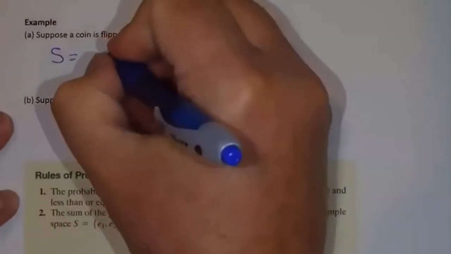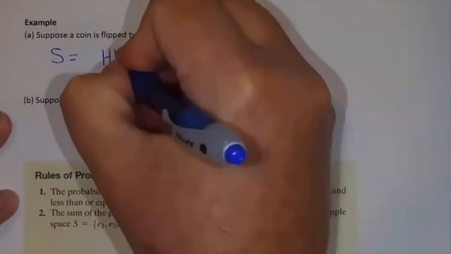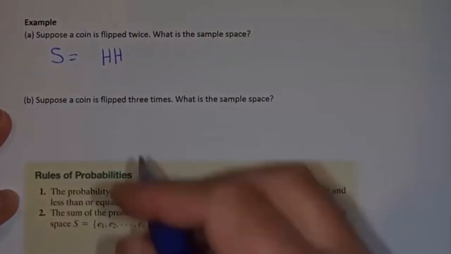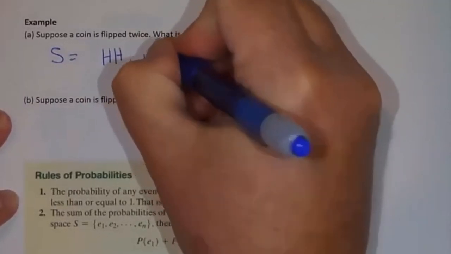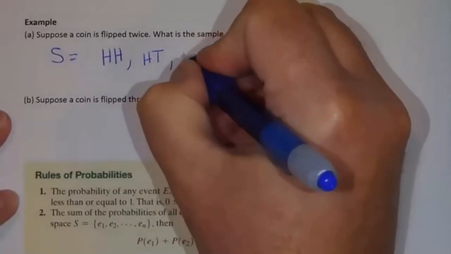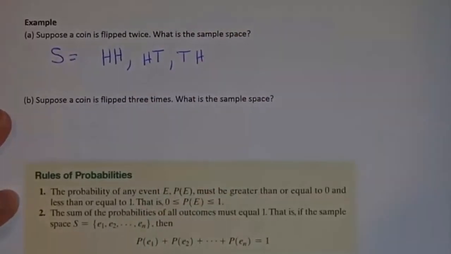Well, I could possibly get heads on the first flip, and then I could get heads again on the second flip. That is one possible outcome. I could possibly get heads on the first flip and tails on the second flip. I could possibly get tails on the first flip and heads on the second flip.